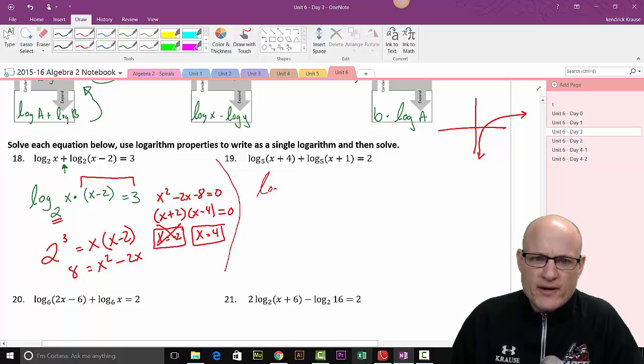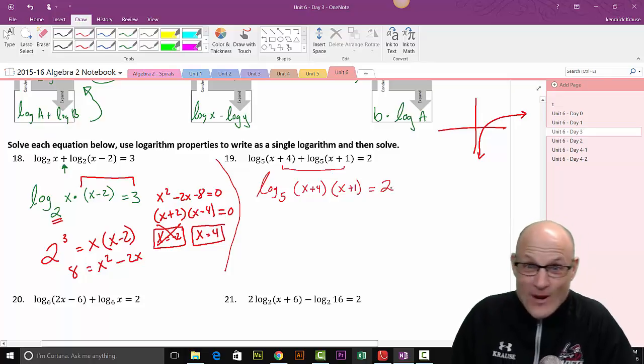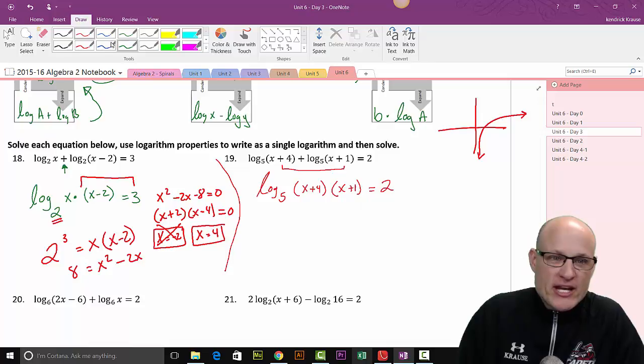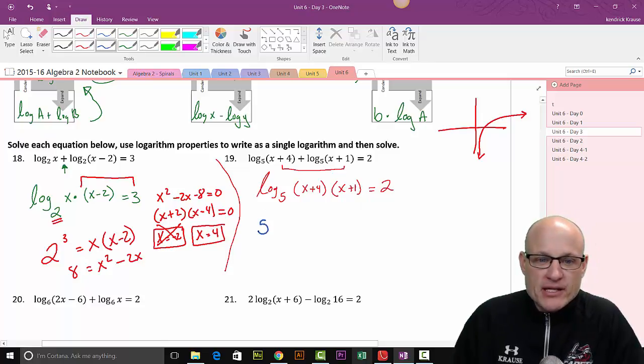So log base 5. And now these two things, because there's addition, need to get multiplied. x plus 4 times x plus 1 equals 2. It's all about that base. So we're going to change the form by keeping the base, and then these two things change places. 5 squared equals, now I'm going to double distribute all this out, x squared plus 5x plus 4.